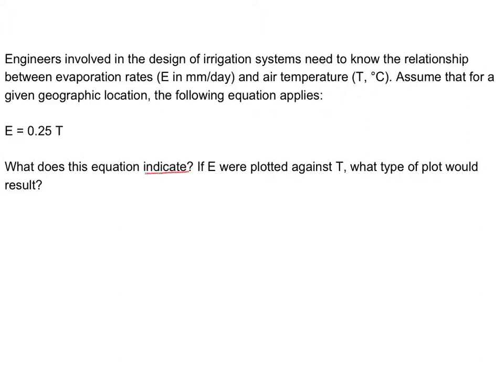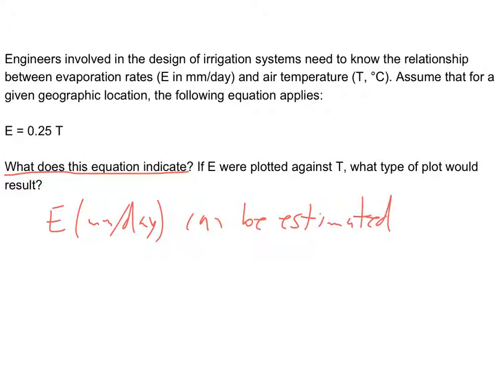Okay, so let's look at the first question. What does this equation indicate? That means that E, which is in millimeters per day of evaporation, can be estimated if we know the temperature in degrees Celsius.